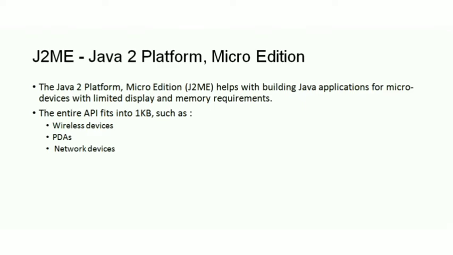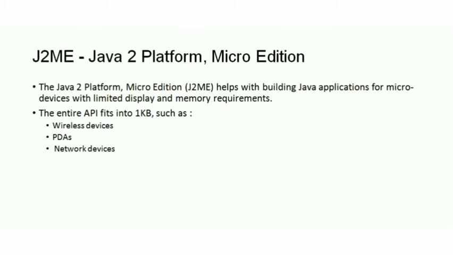Different components are needed: wireless devices, PDAs, and network devices. These things are needed when you create a Java 2 platform micro edition application.